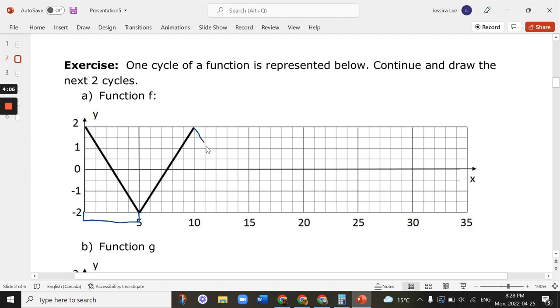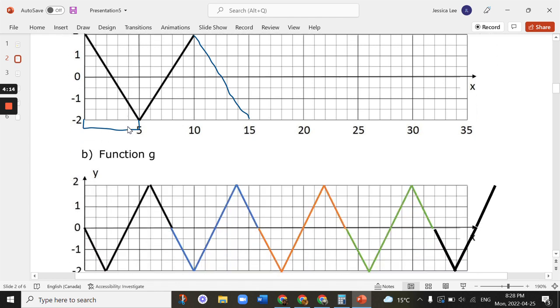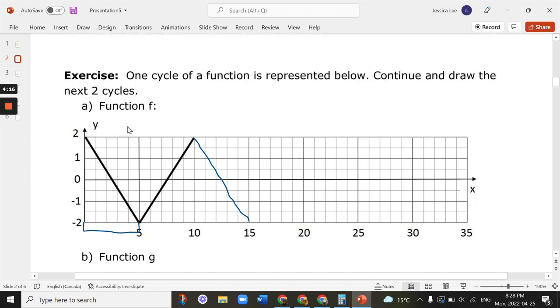And then repeat that exact same thing again and again in order to extend the cycle that you see there. Right, so, oops, I didn't mean to show you that because that was the answer I was leaving for the next video. So whenever you're ready, try this exercise. And when you're done, click on the next video.